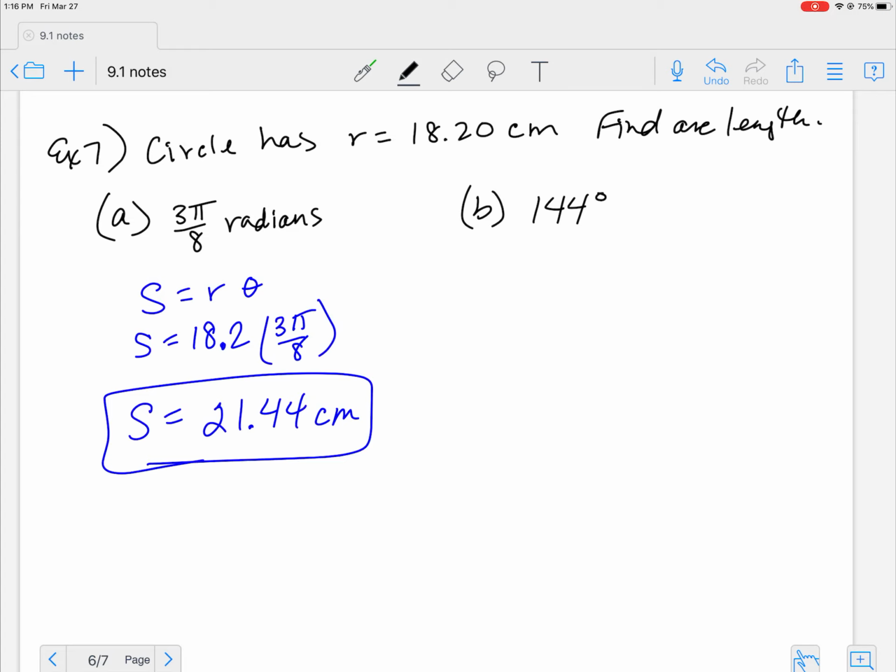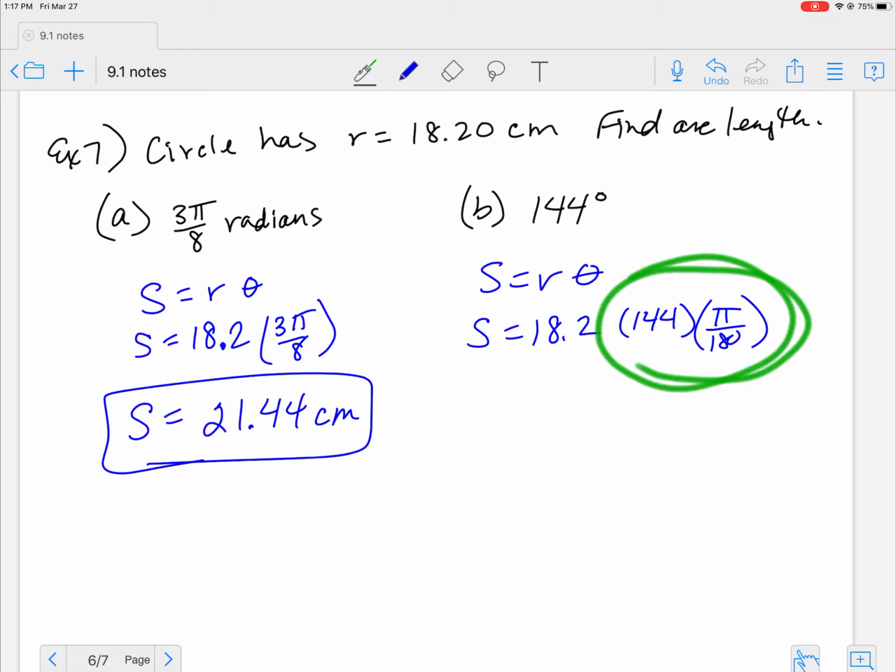What if, because you know this was coming, I am given 144 degrees? Ooh. Okay, so at 144 degrees, when I plug this into my formula, s is equal to r theta, but I know theta has to be in radians. So I still have 18.2, but for my 144 degrees, I have to make that conversion from degrees to radians.